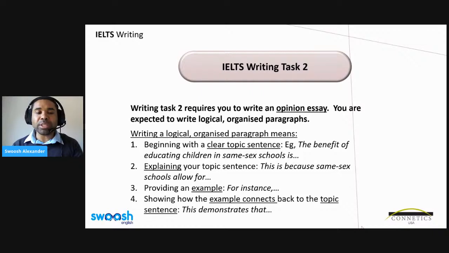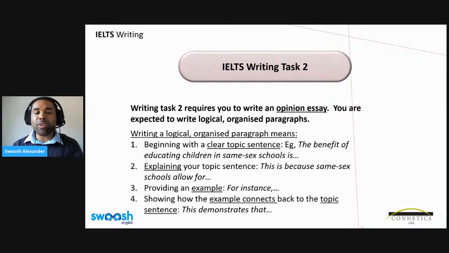We would then follow this up by providing an example. So we could use a phrase such as for instance. So for instance, in the boys' high schools, it is less likely that boys will distract other students because they won't be trying to impress the female students in the class. Okay, and we can give an example of that using that context.